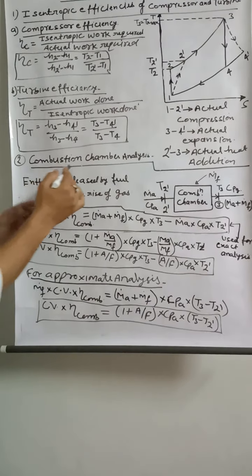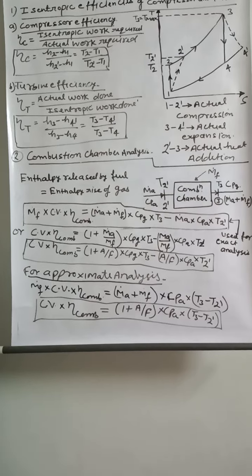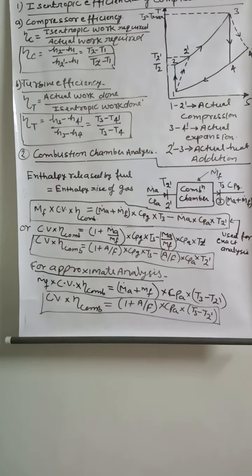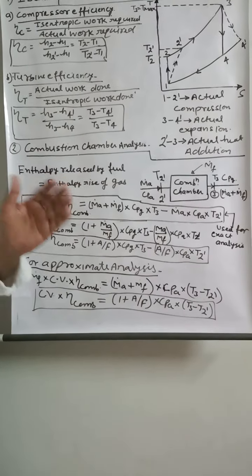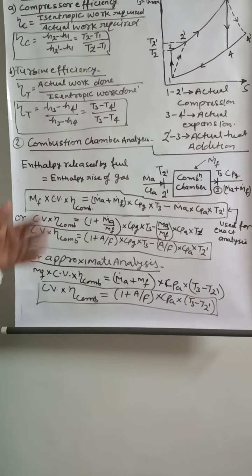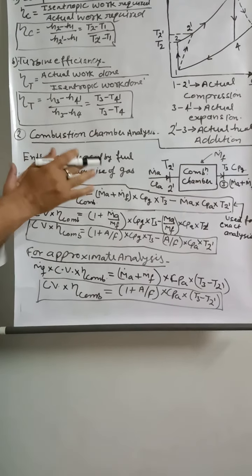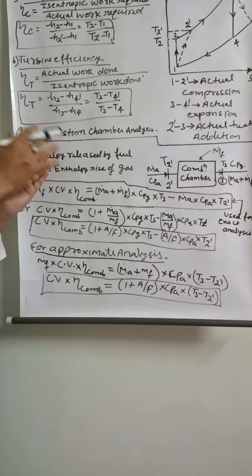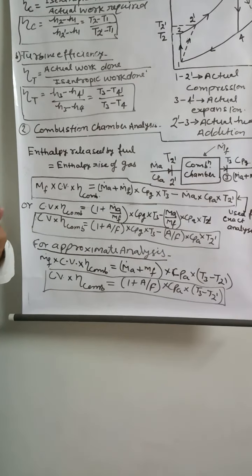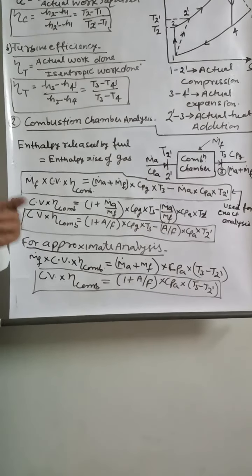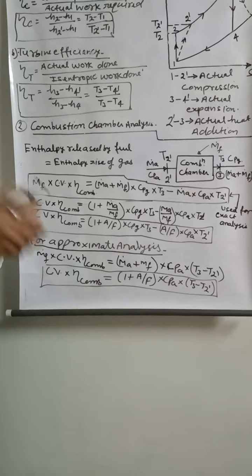Next, the combustion chamber. This is also very important, right? Now, in actual and ideal combustion, it is assumed that whatever heat is released by the combustion of fuel is equal to the rise in enthalpy of the gases, right?